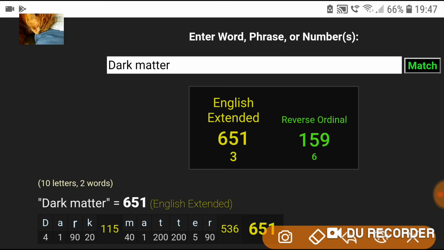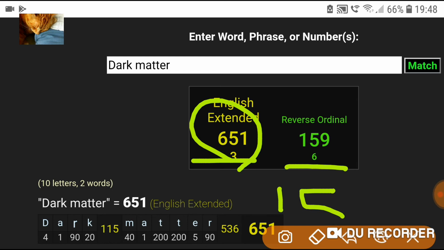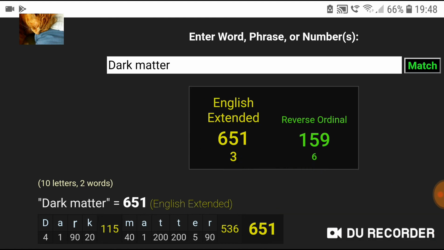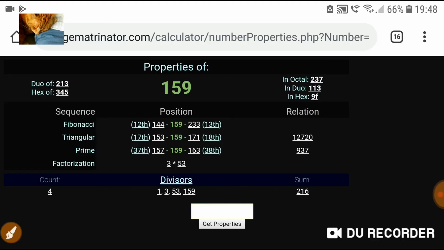651 extended, 159 reverse ordinal. You'll notice if you flip that upside down, 651 upside down is 159. Why is 159 in this video?